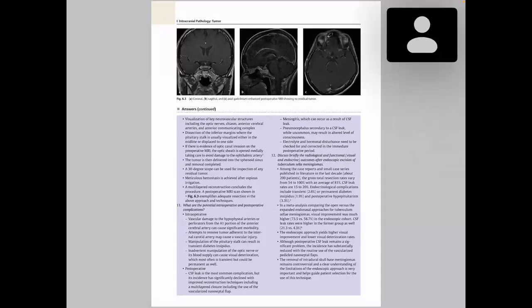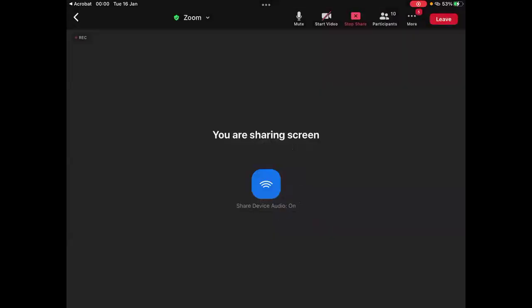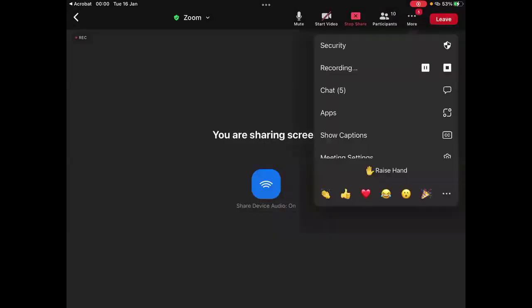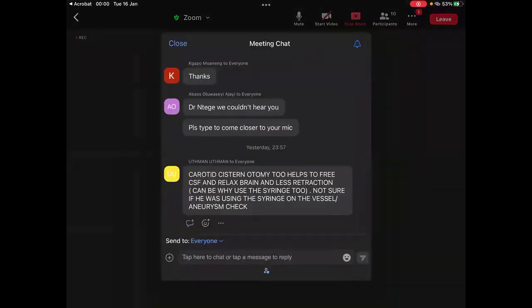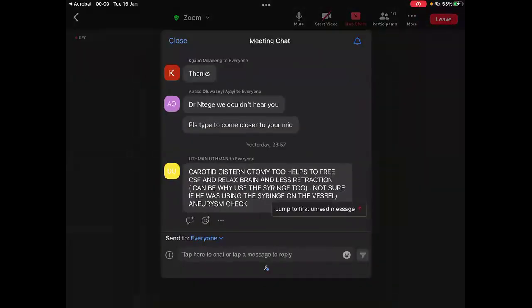I'm not negating anything. We're just discussing generally, because let's say you have pre-op imaging to say if something is an aneurysm or not, and you go in and start putting a needle into an aneurysm.